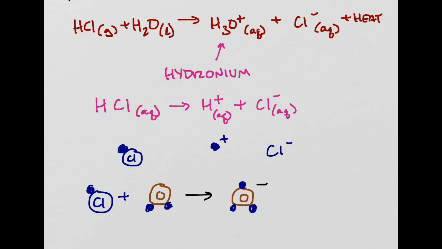It becomes a positively charged species, and then you're left with the poor chloride ion, all by itself as a negatively charged species. This is a funny looking thing, this hydronium that we've just created. But I want you to know that that's exactly what's made every time you combine an acid with water.